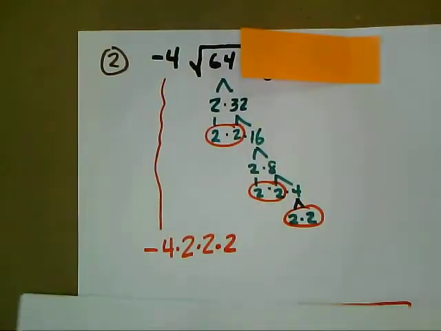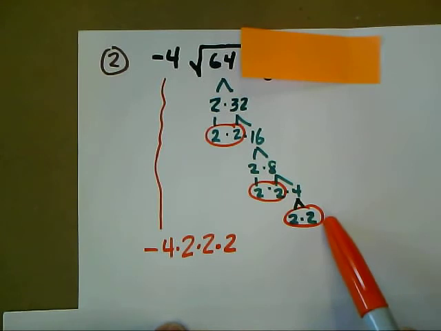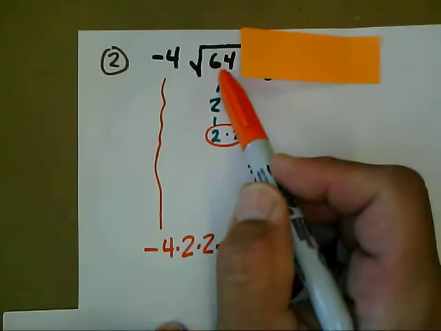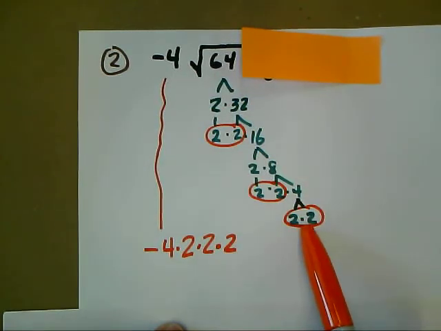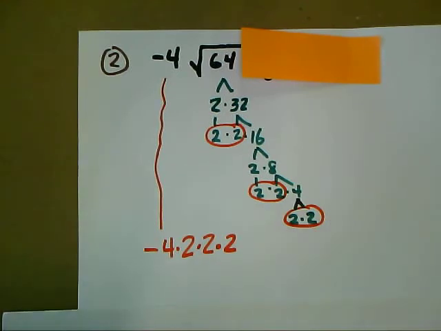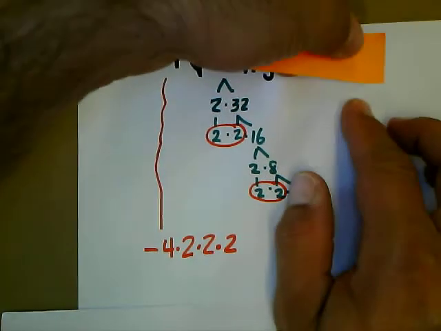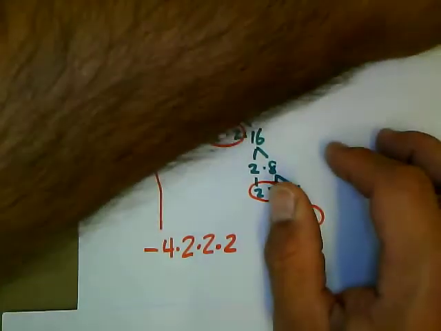But if it's a perfect square root, it'll end up where there's nothing left over. But that means that we didn't check to see if 64 is a perfect square if you end up like this. You just didn't check it, okay? And I understand it happens, and it happens more than I would like for it to happen, but it does happen, and that's why I wanted to show you that way of doing it.